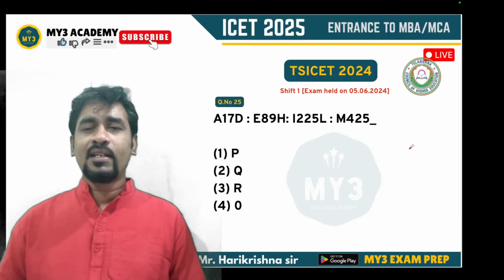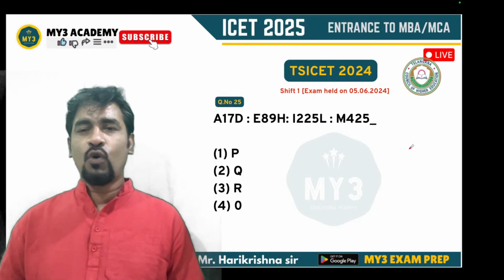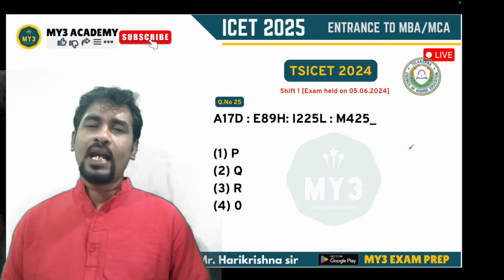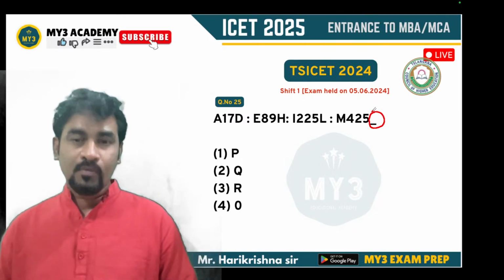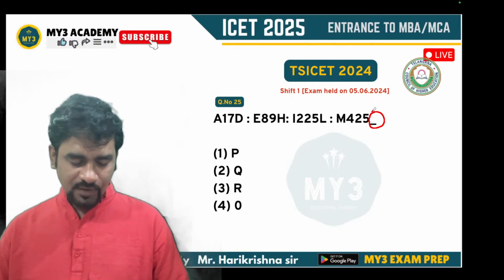A17D, E89H, I225L, M425 dash. So they are asking for this last alphabet. Let's look at what is the logic of getting it. Most of you are saying option 2. Okay, that's a wrong answer choice, Naveen.